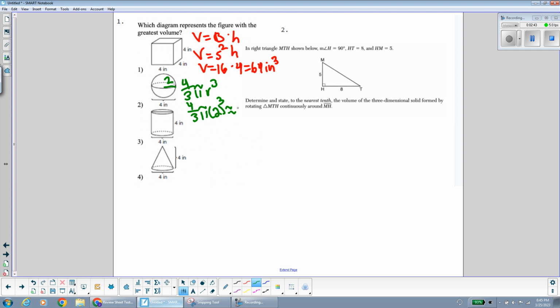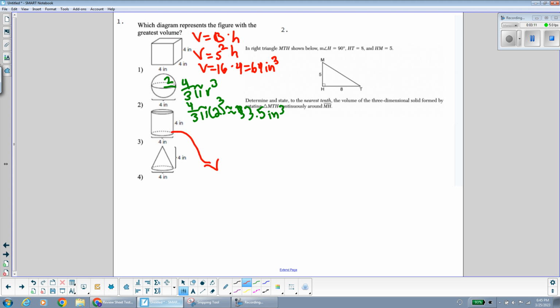So I'm going to type this into my calculator: 4/3 pi, 2 to the third power. And I got approximately 33.5 cubic inches.